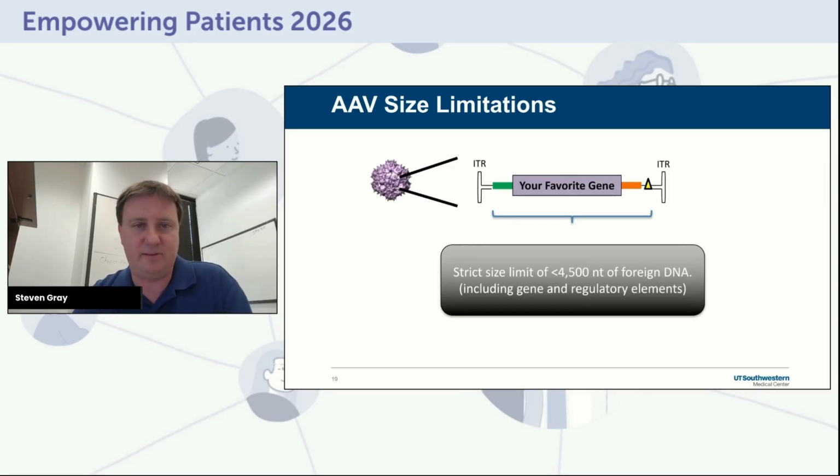For AAV, this is a strict size limit of less than about 4,500 bases of foreign DNA. And keep in mind, that's not just the gene. You also have to account for the regulatory elements that control its expression. So if you need really complex regulation, then those regulatory elements might take up more space, and then you have less room for the gene.